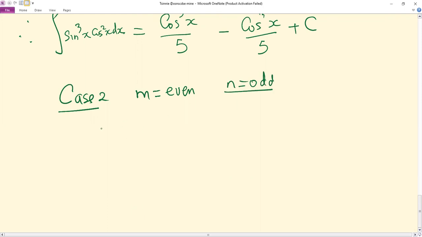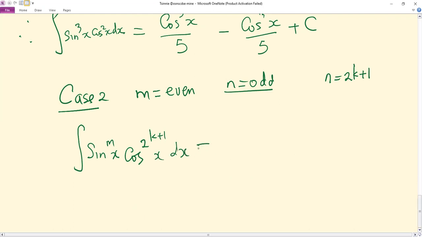So when this is the case, you rewrite the integral as sine power m x. Remember, n odd means it can be written as 2k plus 1. Then you write cos raised power 2k plus 1 x dx.